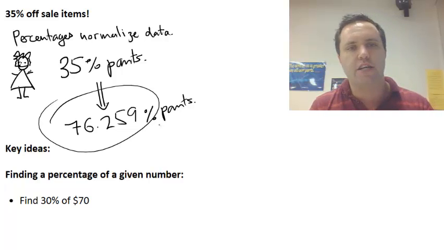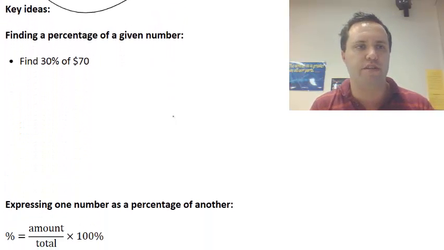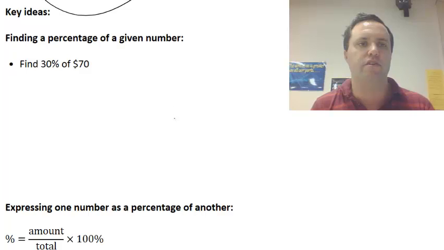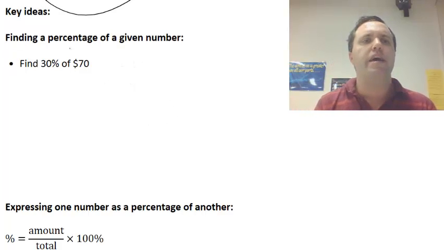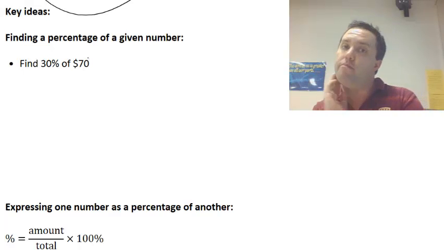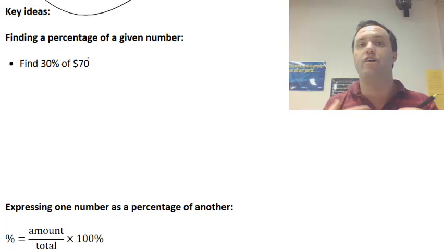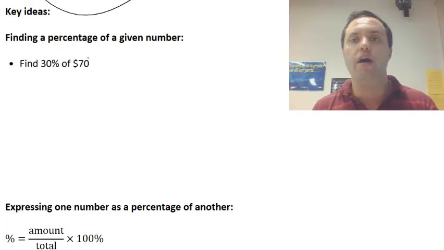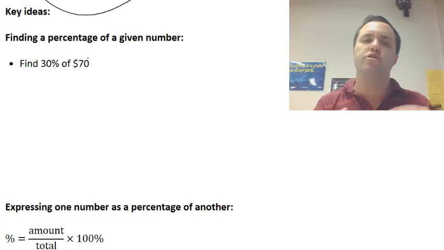A couple of key ideas to blast through here. Basically, it's another look at different ways of doing calculations. One of the things you can do is find a percentage of some given number. For instance, find 30% of $70. You might remember with our fractions, like finding a quarter of some number, that the word "of" tells you you should be doing multiplication.